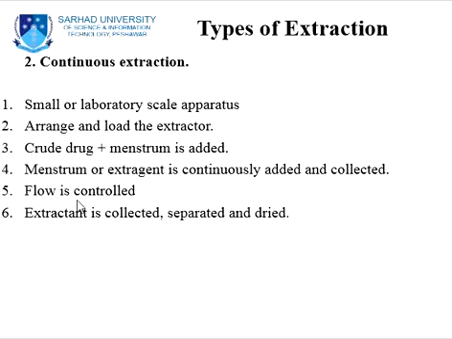Then the flow and the addition of menstruum is controlled by adjusting the tap of the container in such a manner that the required concentrate of extraction is achieved and is collected in the receiver. All the extractant is collected, separated and dried in the final stage.